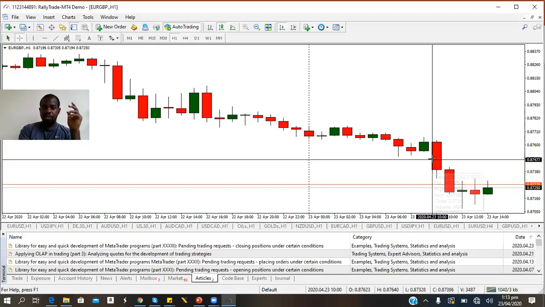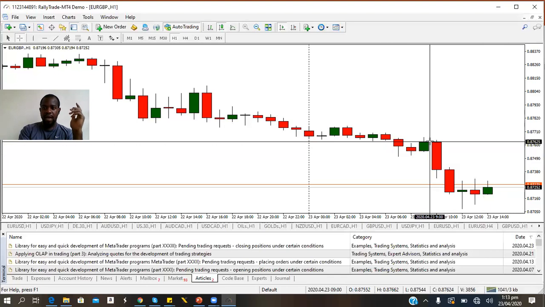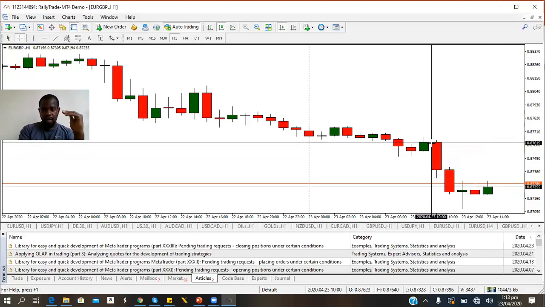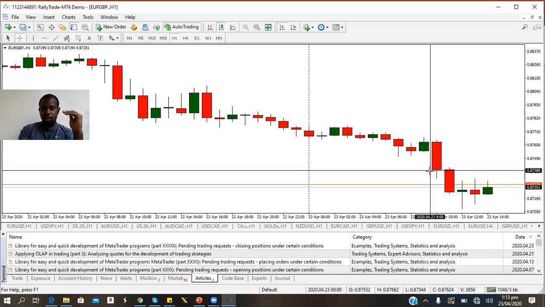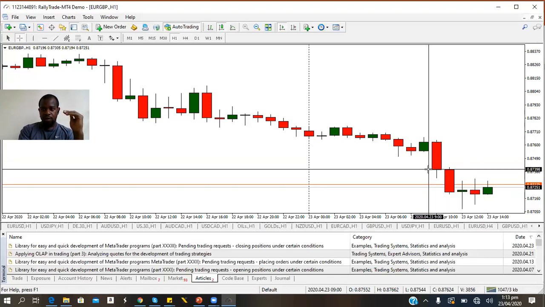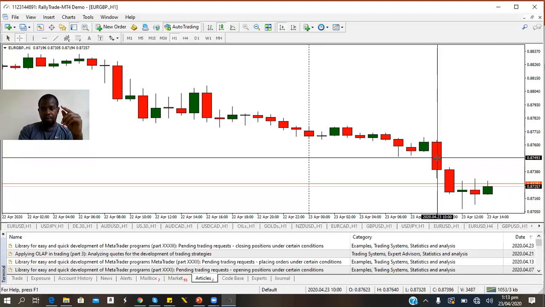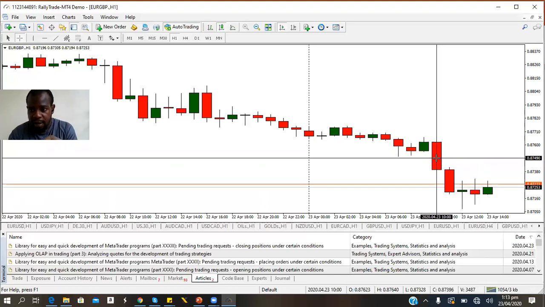What does that mean? That means this bearish candle opened here. This is the open of this candle, and then it went all the way down and closed here. This was the close of the candle for this particular 1 hour period, which was 10 a.m. today.